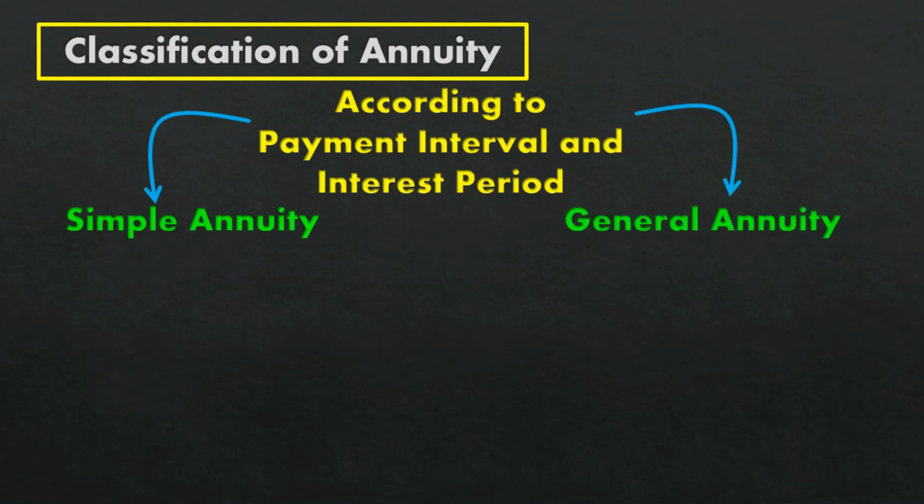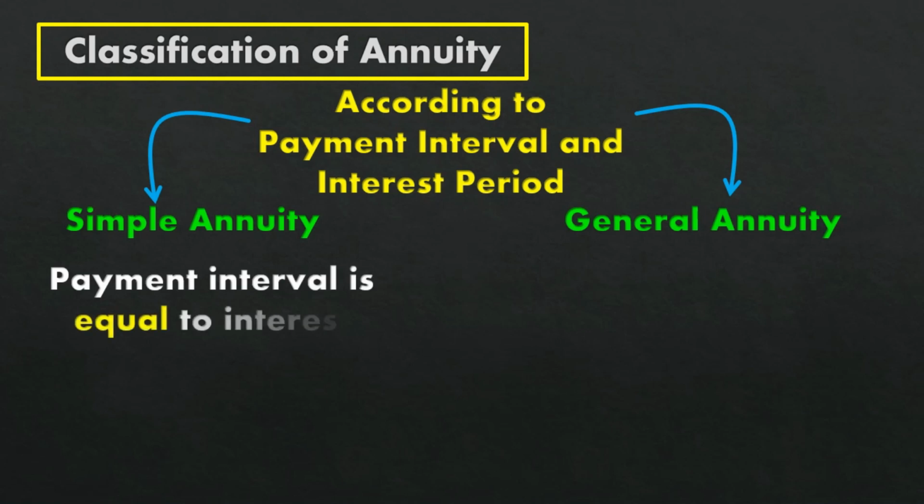Ang pinagkaiba ng dalawang yan, pag sinabing simple, yung payment mo ay equal sa interest period. Halimbawa, nagbabayad ka monthly, dapat yung interest mo monthly din. Yun yung payment interval is equal to interest period. Tinatawag siyang simple annuity.